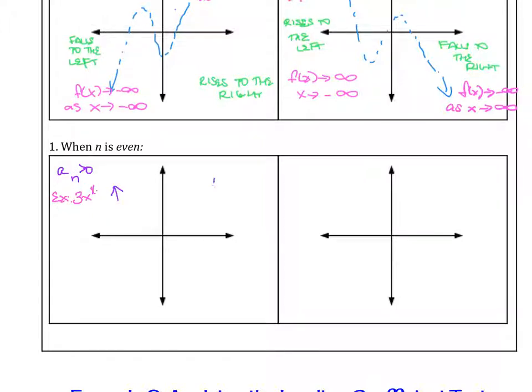Let's say that our graph goes up, and then it does something else in the center. We know that it rises to the right and left.